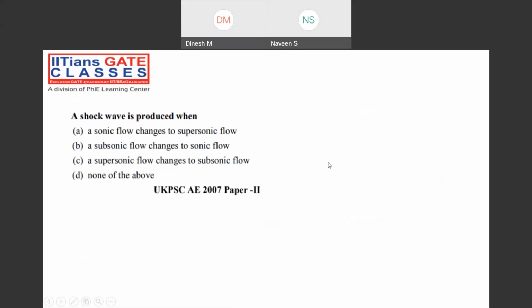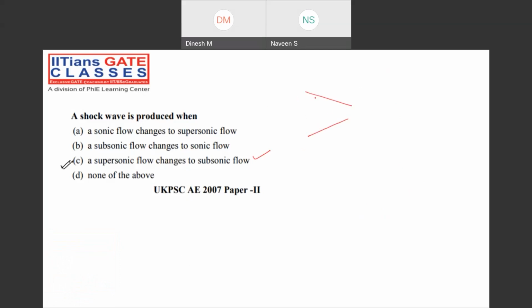So now tell me the answer for this question. A shock wave is produced when the flow changes from supersonic to subsonic. C will be correct, right? Perfect. Why can the shock wave not be produced in the converging section?